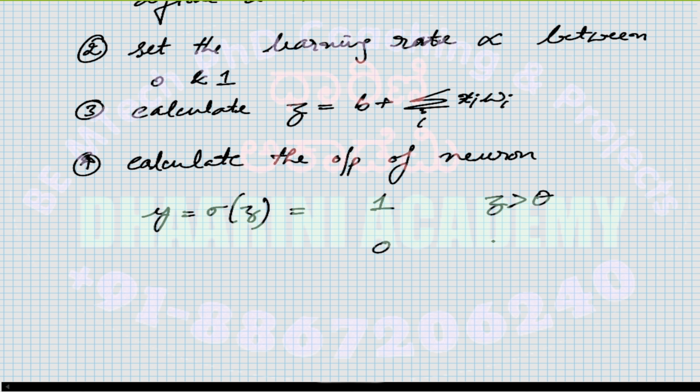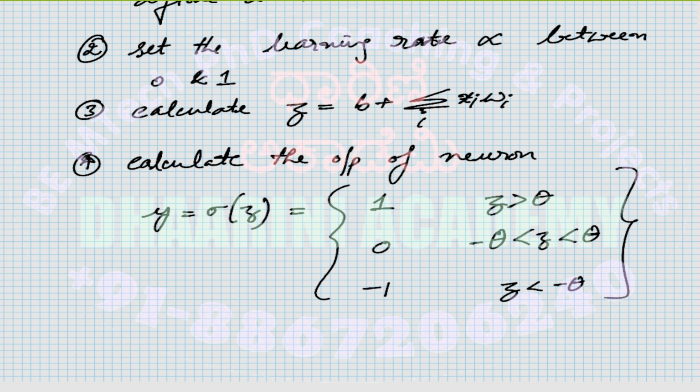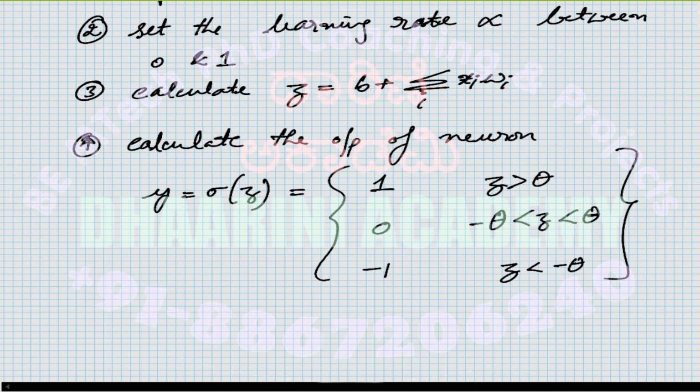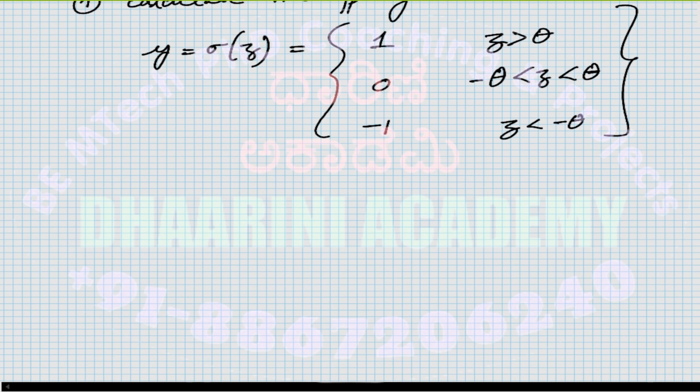This is going to be 0 if minus theta less than z less than theta. If z is between the positive and negative values of theta, you are going to restrict the output to be 0. And this is going to be minus 1 provided z is less than minus theta. So see, there is a slight difference in the definition of the activation function for this case.